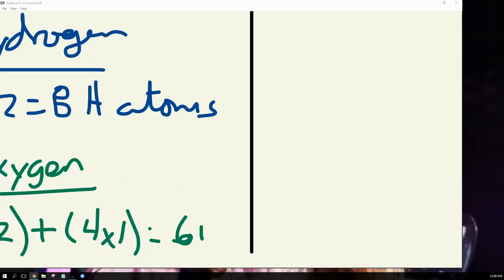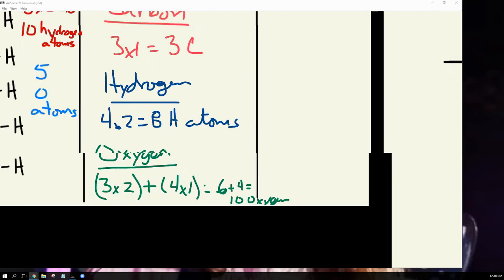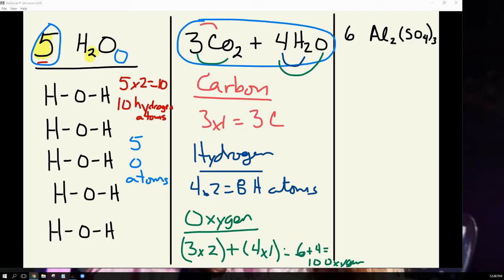Running out of room, sorry. So remember, if you have more than one, you're going to add. This is 3 times 2, you do that first. And then you do 4 times 1. Well, 3 times 2 is 6, plus 4 is 10. Right? So I have 10 oxygen atoms here. I have 3 carbon, 8 hydrogen, and 10 oxygen. Okay, so that's that one.